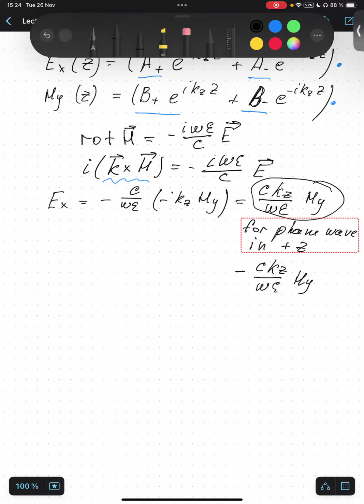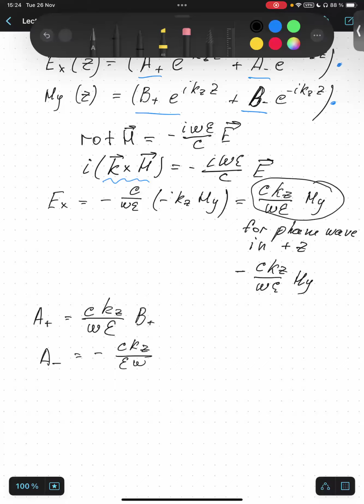Now we are ready to write the coefficients. So in this case, A plus is equal to c kz over omega epsilon B plus, and A minus equal to minus c kz over omega epsilon B minus.